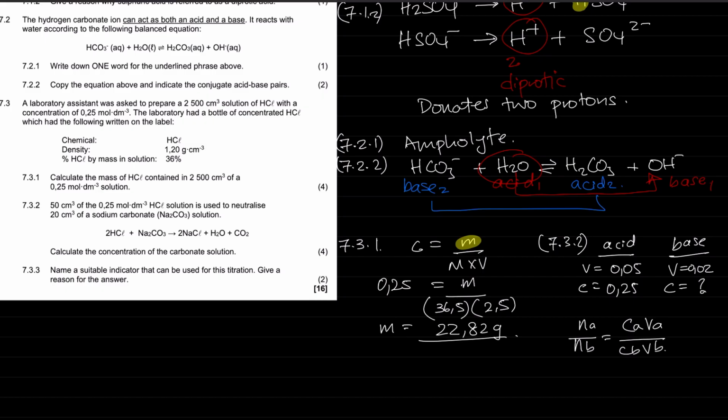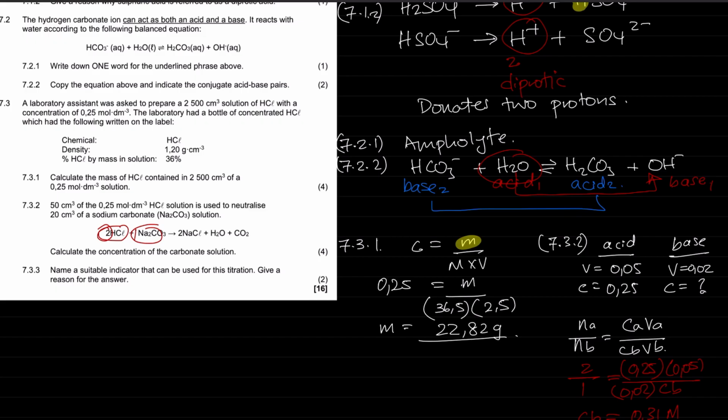Na is going to be 2, because the number in front of the acid is 2, divided by the number in front of the base, which is 1. So 2 over 1 is equal to the concentration of the acid, 0.25, times the volume of the acid, 0.05, divided by the concentration of the base, which is what we want, times the volume of the base, 0.02. So now just solve for Cb, and you get a concentration of 0.31 moles per dm cubed.